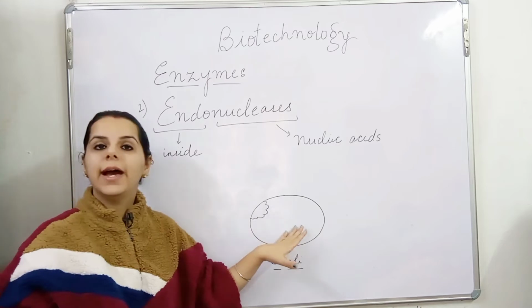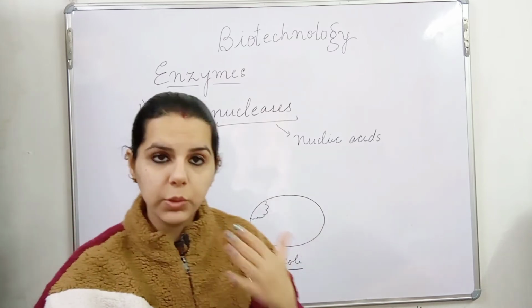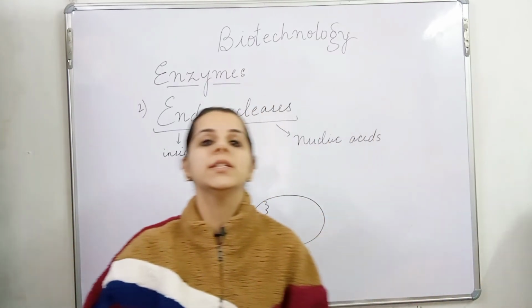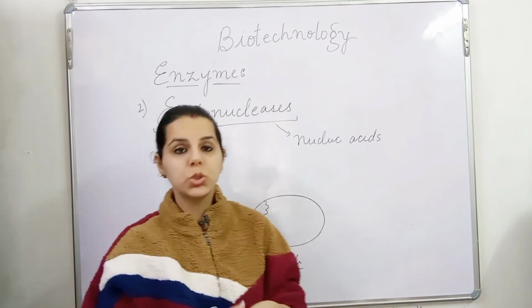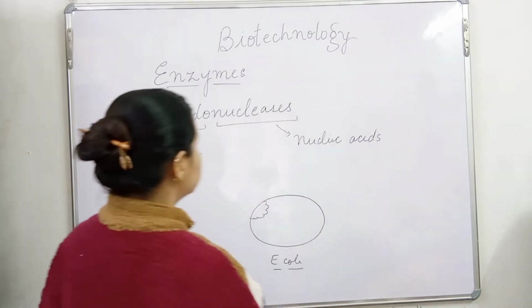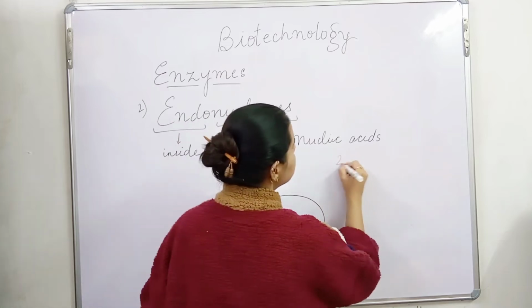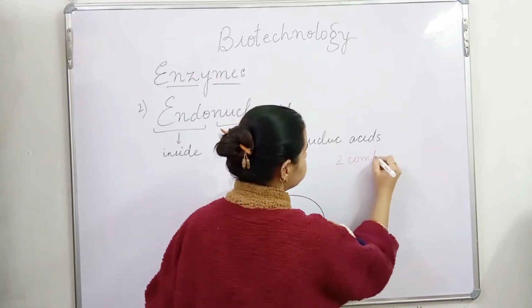Now E. coli is a prokaryote, and we know that in prokaryotes there is a defense system which is a two complex system.